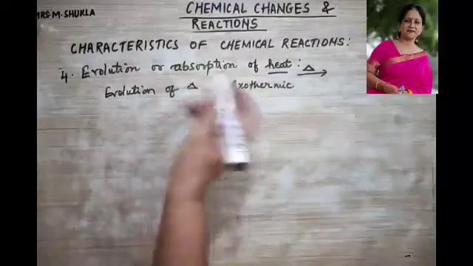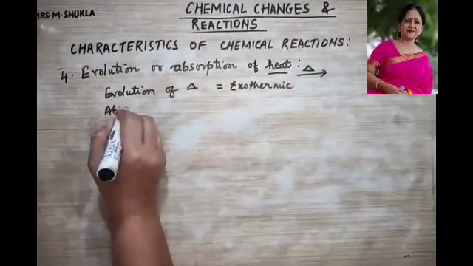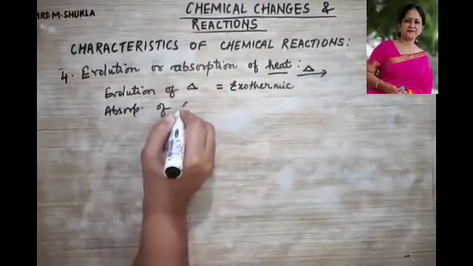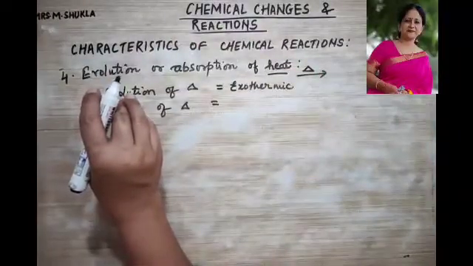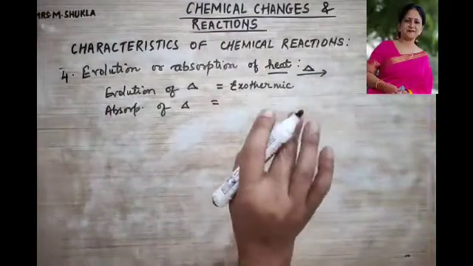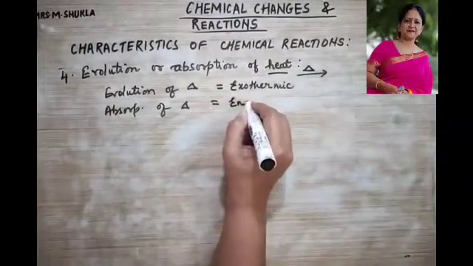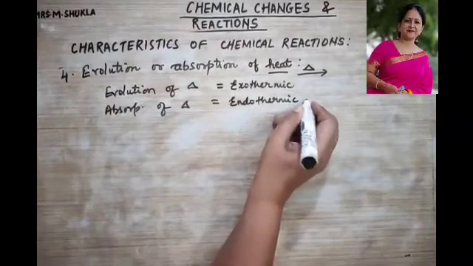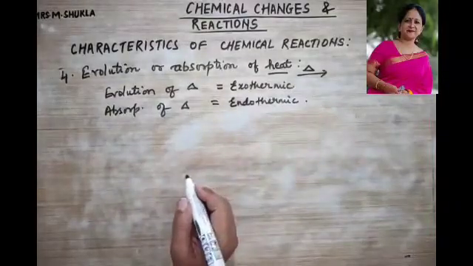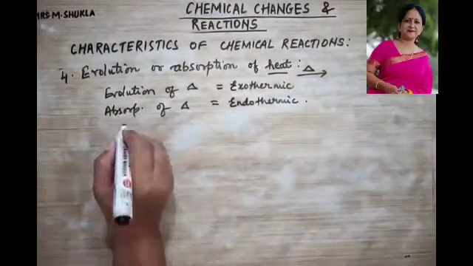And absorption of heat means a lot of heat is given to the reactant for the reaction to proceed. They are called endothermic reactions. So based on this, let us do certain examples.